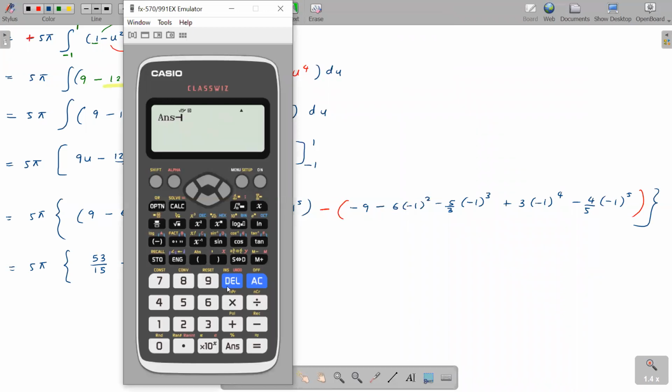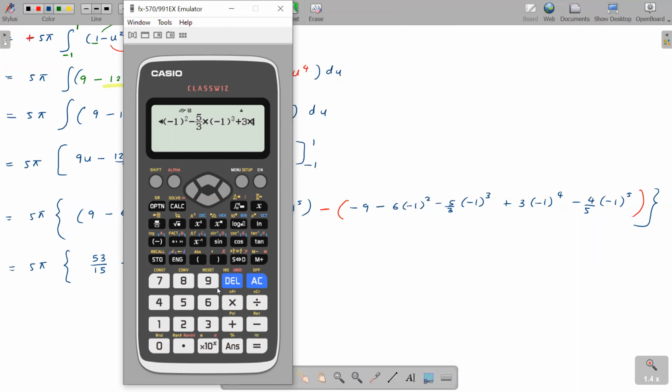So I get minus 9 minus 6 into minus 1 square. If you can do the minus 1 values in your head, that is easier, but I'm just typing it. If I would do it manually, I would just get the answer directly. Minus 1 cube, I know it's minus 1, but here I'm typing the whole thing.